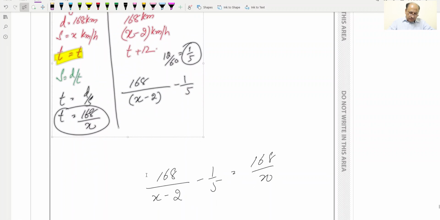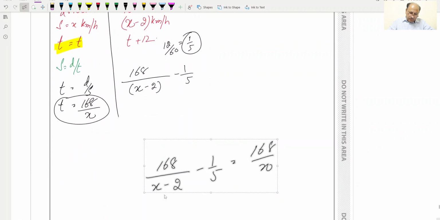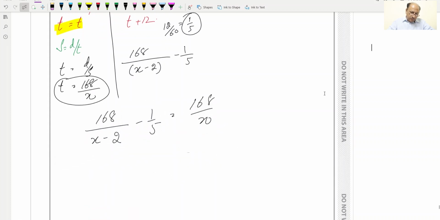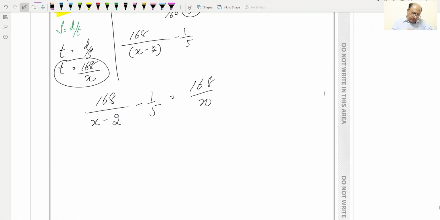So this is the information which we have written, and this one we can shift over here, and we have now the space, and we can take LCM, or what we can do, we can multiply everything by 5x into x minus 2, which is these three denominators we have taken, and we will be multiplying all the terms by this one.